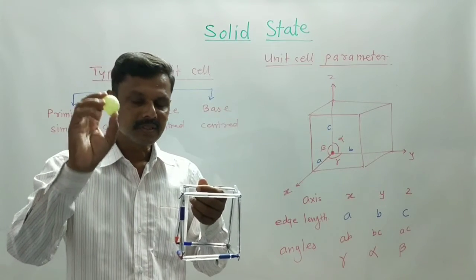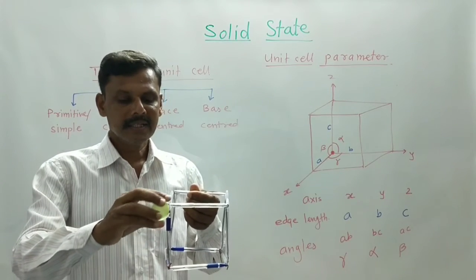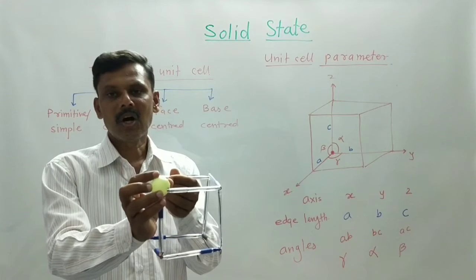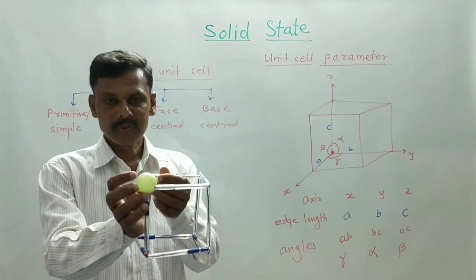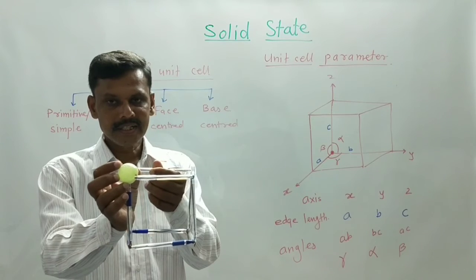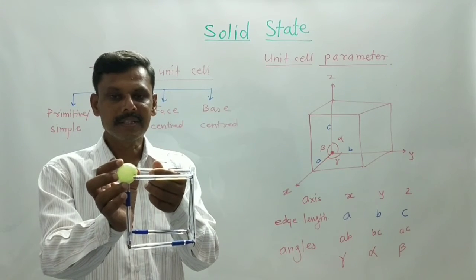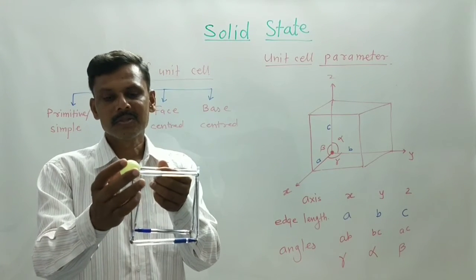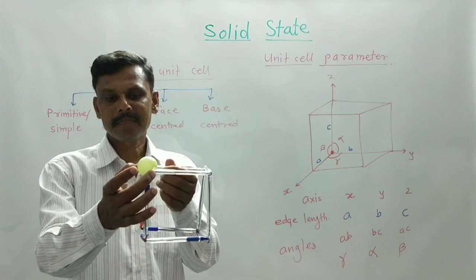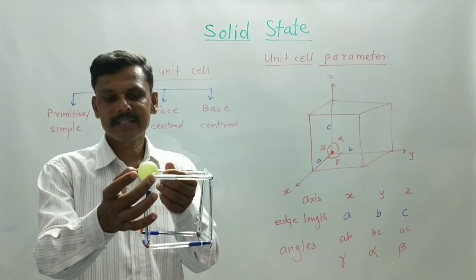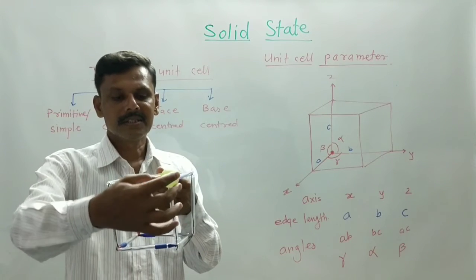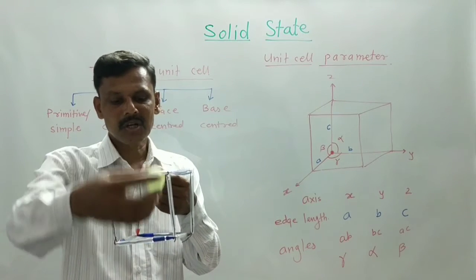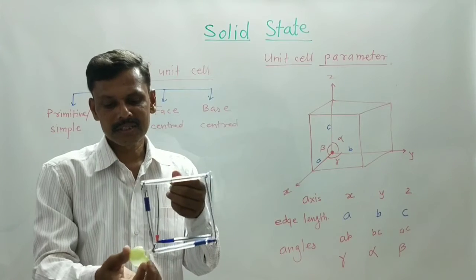If such a constituent particle is present on the corner, each unit cell possesses 8 corners. So this corner, similarly this corner, this corner, this corner.